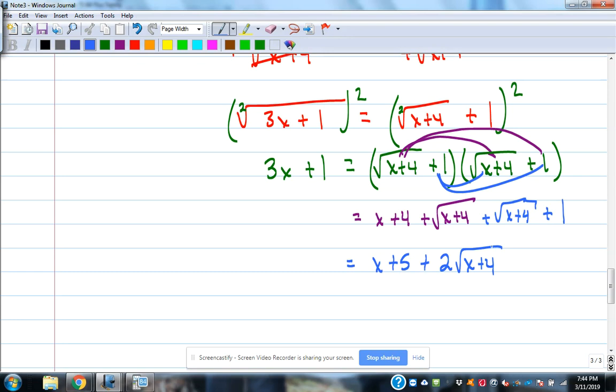I'm combining like terms there. Technically, there's a 1 in front of those square root of x plus 4, so that's why I put a 2 there, because there's 2 of them. It's kind of like counting them up. And then on the left side, I still got 3x plus 1. That hadn't changed. I finally brought that down. Now, can I get the radical that's in this problem by itself? How?